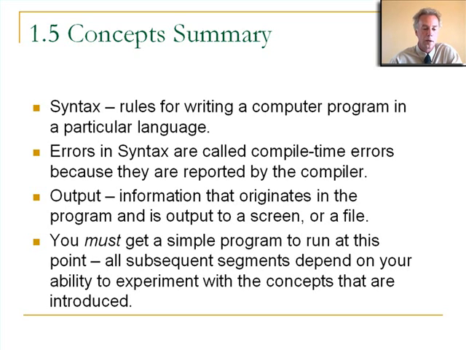So you must get a simple program to run. If you haven't done that while you were watching this, you must have a simple program to run at this point. That's the purpose of segment 1. Get your development environment set up, enter a C program, run it on your machine, and then we'll be ready to start putting some more interesting things into the main function in the next segment.